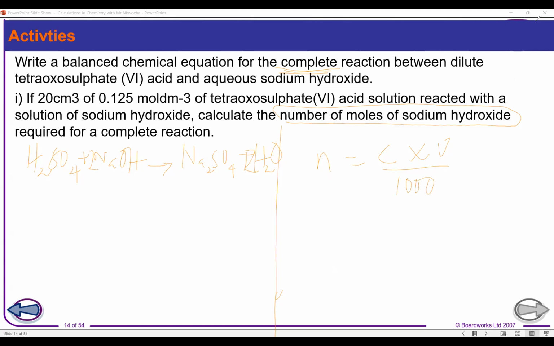The 1,000 there is to convert that centimeter cube to a standard unit. That is very simple because we're dealing with volume. So that's converted to liters, milliliter to liter, or centimeter cube to meter cube. All right, that is very easy to do.